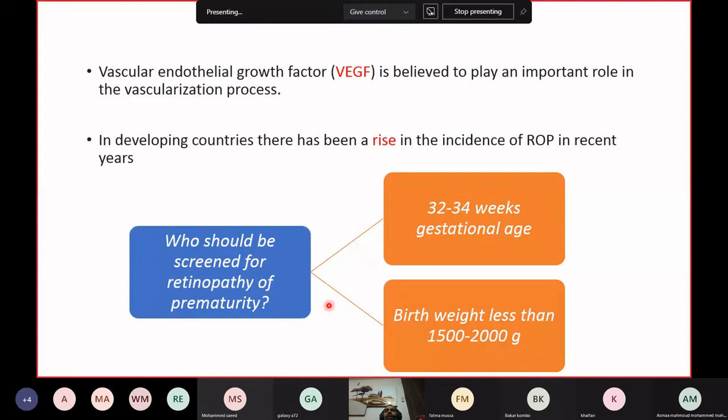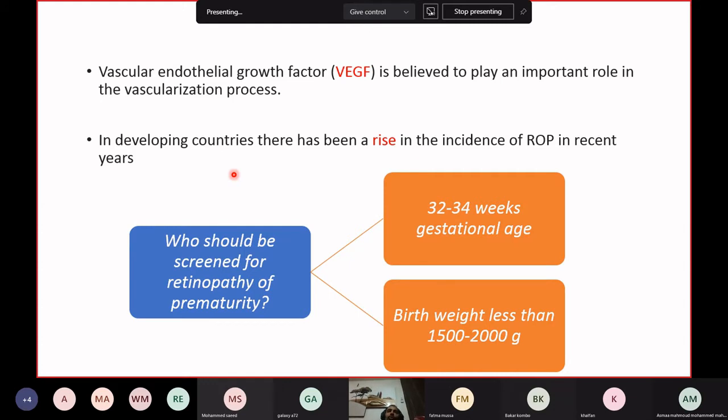One of the main cytokines incriminated in new vessel formation is the vascular endothelial growth factor, the VEGF. At the moment, in developing countries, for example in our country, we have a rising incidence of retinopathy of prematurity because of in vitro fertilization, which means more patients are born prematurely, and due to advances in neonatal care.